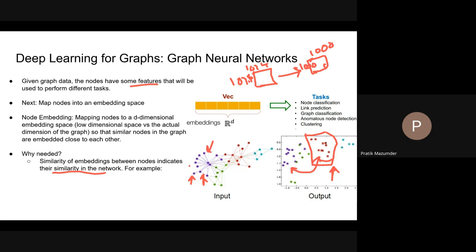So if I already know from the features itself that these nodes are actually similar, even if I don't get the label of this node during training, during testing I'll be able to predict the corresponding label of that particular node and make a very informed prediction.